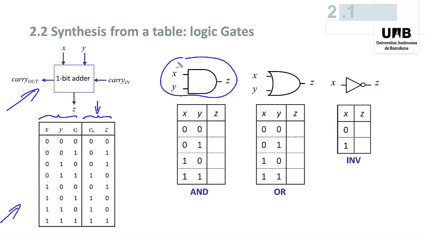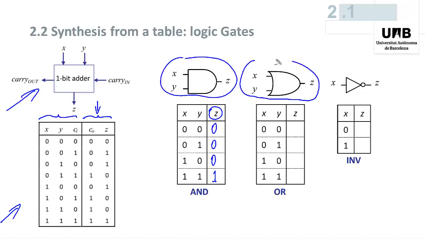In the case of a 2-input AND gate, the output Z will be equal to 1 if X and Y are equal to 1. In the other case, the output is equal to 0. This is a general definition. A 3-input AND gate generates 1 if its 3 inputs are equal to 1, and so on.